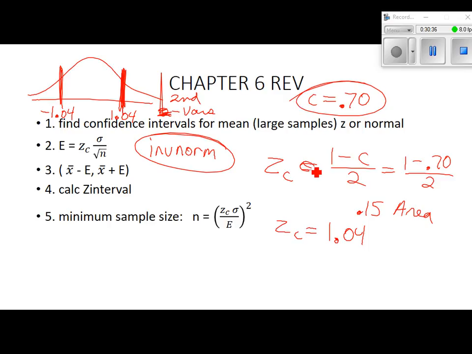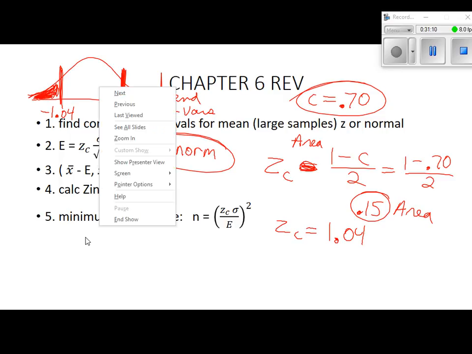I shouldn't have put that equal to z, this is our area right here. I come up with that number, that's our area. And then I do second vars inverse norm, because I'm looking for what z-score goes with that area. What's that cutoff? So you punch in the area that you came up with. So let's do another one. Give me another crazy confidence interval.